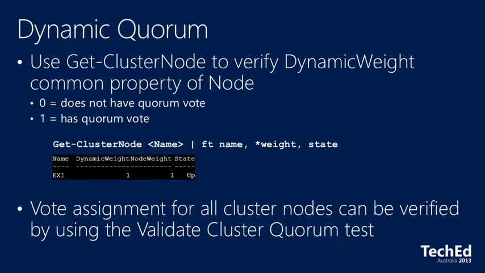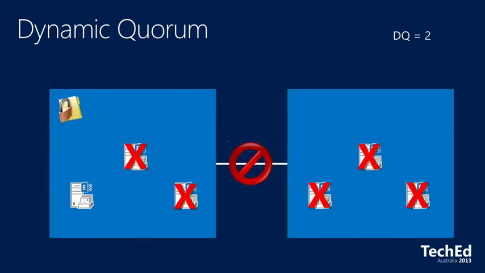Now, the other thing to consider is when you start getting down to just a couple nodes left and dynamic quorum is doing its thing. Let's pretend it's the witness server that failed and we've got 2 Exchange servers. One of those Exchange servers will have a value of 1 for dynamic weight, the other will have a value of 0. You have no control over who's going to get the 1 and who's going to get the 0.